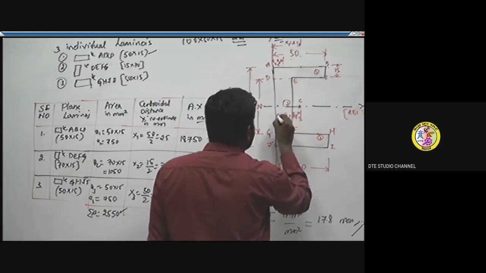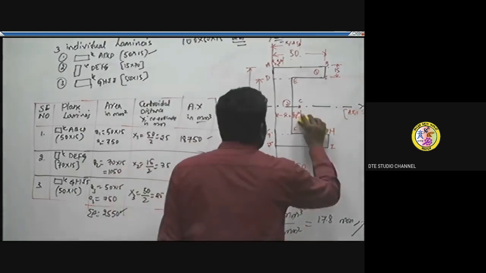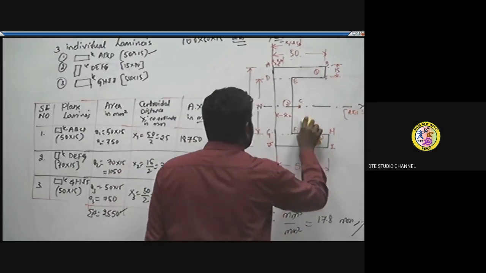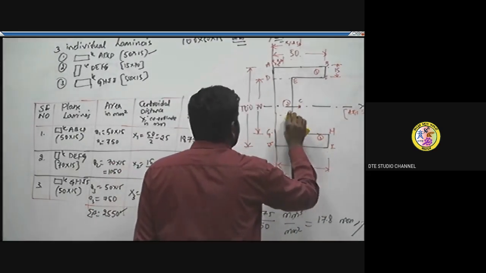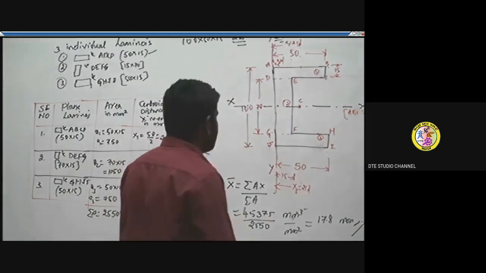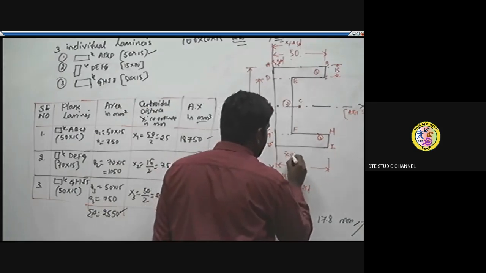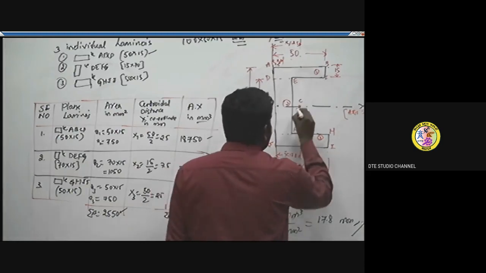So this is the point. I am supposed to mention it between the figures, but let me write it just outside the boundary. So x bar is 17.8, and this is the position of the centroid.